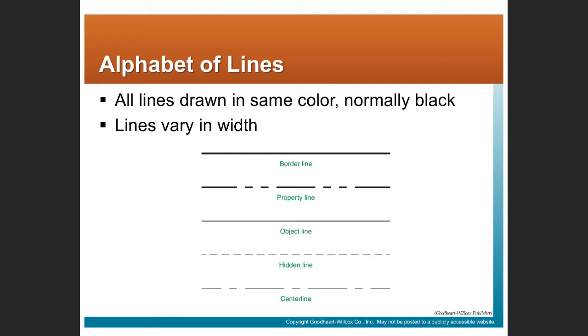Object line, that's going to be the main features of the building or the object in question. This dashed hidden line means that we're looking at something below the surface, and we'll see what this means in a minute.